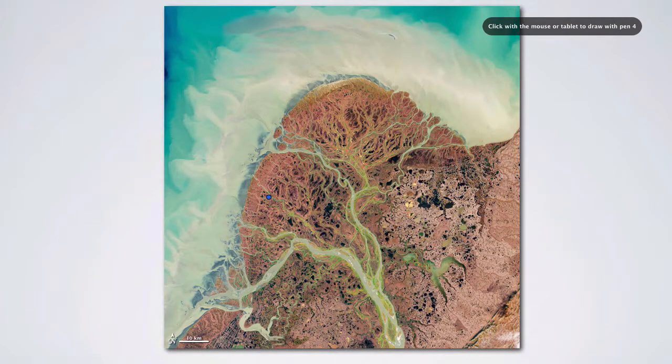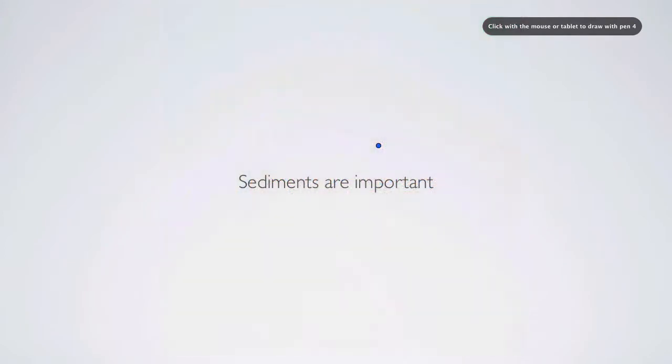This is another delta for the Yukon River in Alaska, and you can see a very braided situation, but a lot of deposition in this area. Sediments are very important in ecosystems, not only because they're taking out materials, but where they're deposited, they're important ecosystems, and the sediments are important for maintaining those ecosystems.